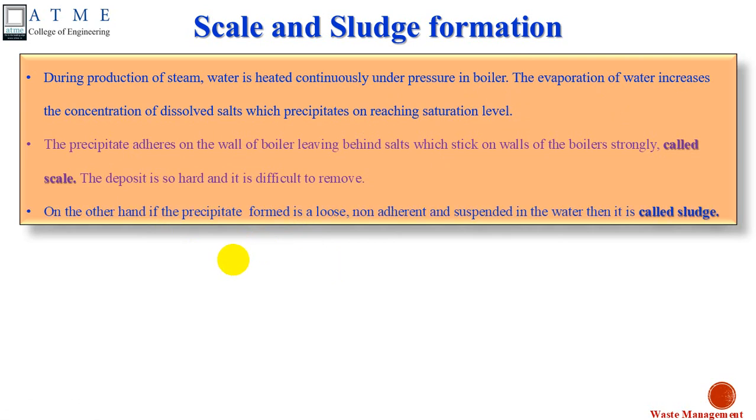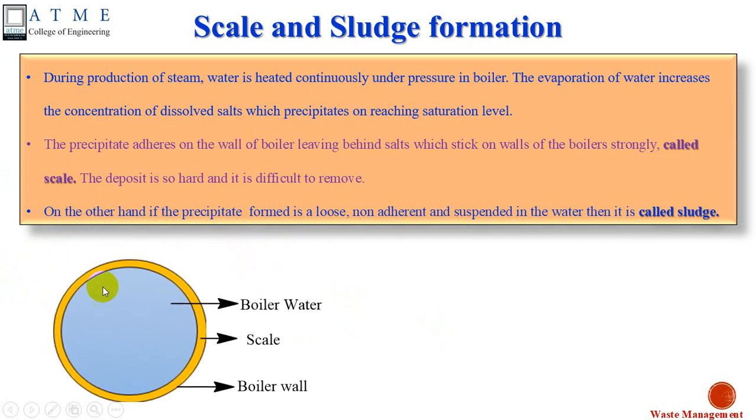The thick, hard, sticky layer which is formed on the surface of a boiler is called scale. On the other hand, there is also loose adherent precipitate which will be suspended in the water, that is called sludge.